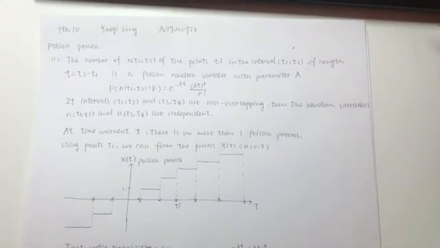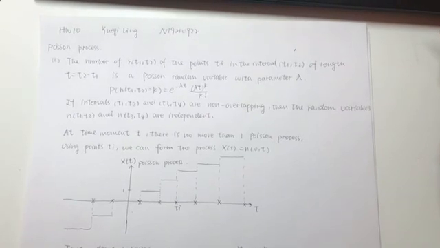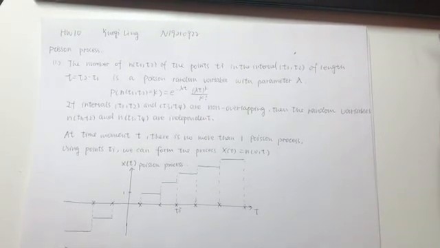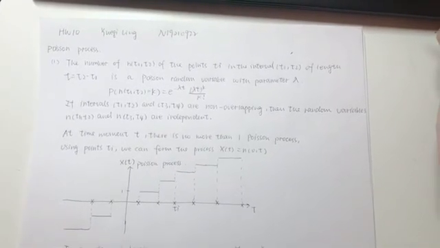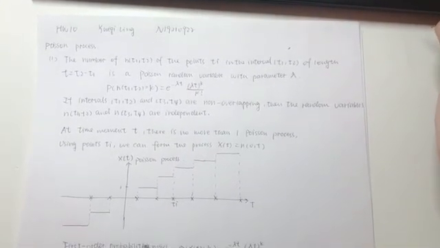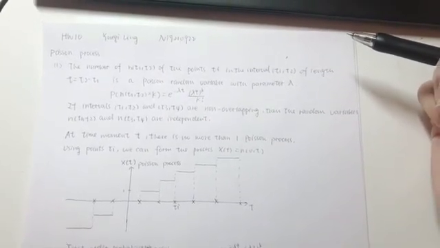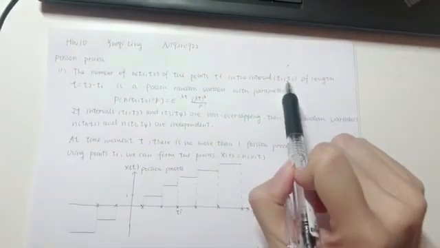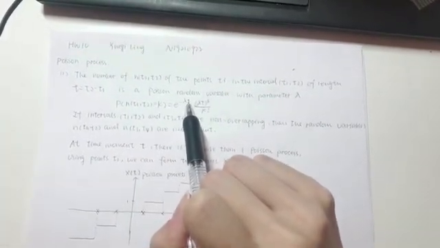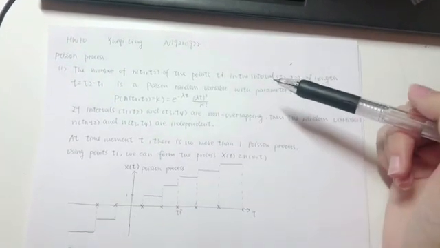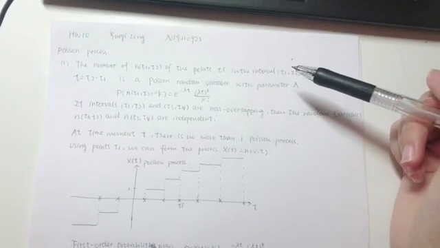Poisson process. The definition of the Poisson process is the number n of points ti in the interval between t1 and t2, where the length of this interval is t2 minus t1, is a Poisson random variable with the parameter lambda.